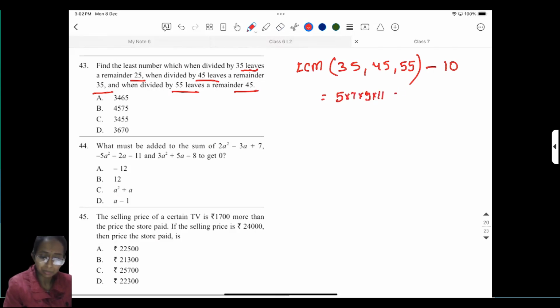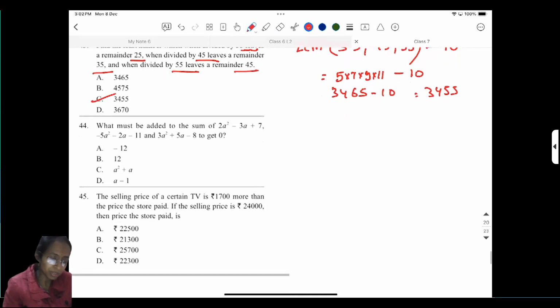This is my LCM, and minus 10 will be my answer. So when you multiply all the numbers, 5 into 7 is 35, into 9 is 315, into 11 is 3465, and minus 10. So the answer is 3455, C option.